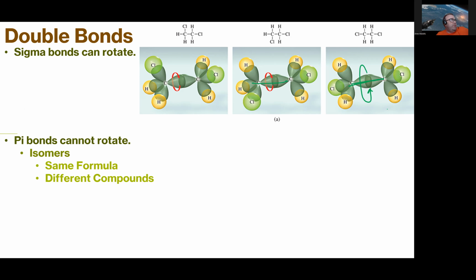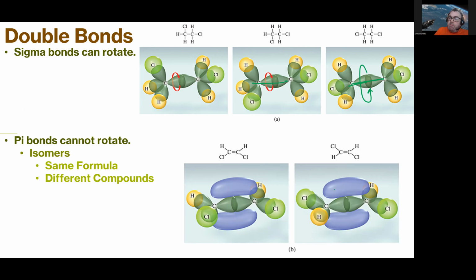They can't rotate because the pi bond itself is above and below. For that to rotate, it would have to break the pi bond and then reform the pi bond, and that doesn't happen unless you force it to. Because the pi bond is above and the pi bond is below, it locks these in their conformation.